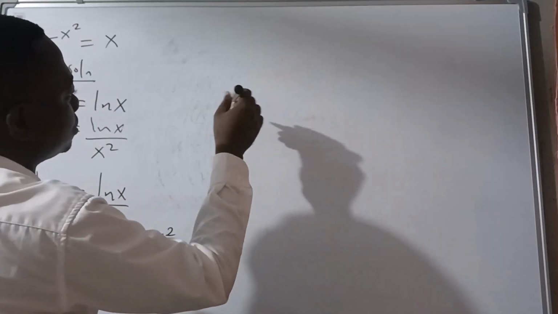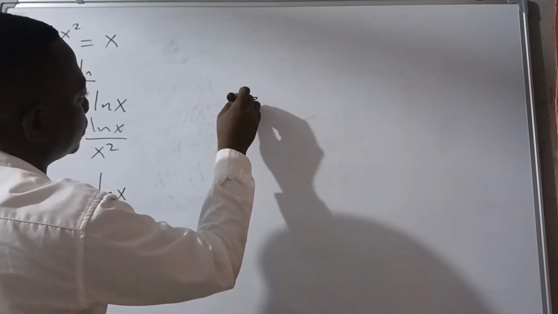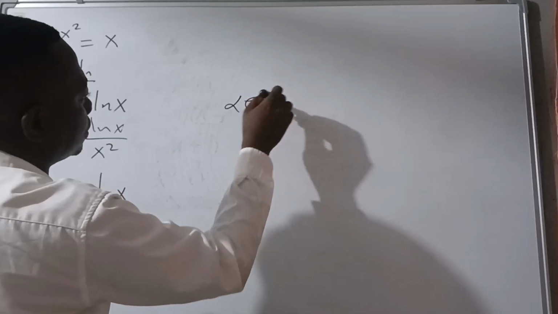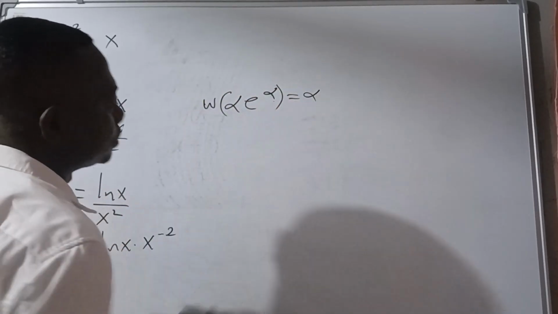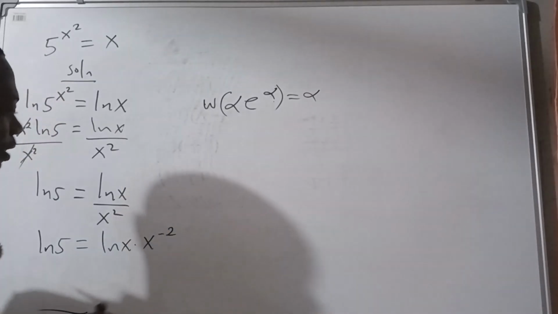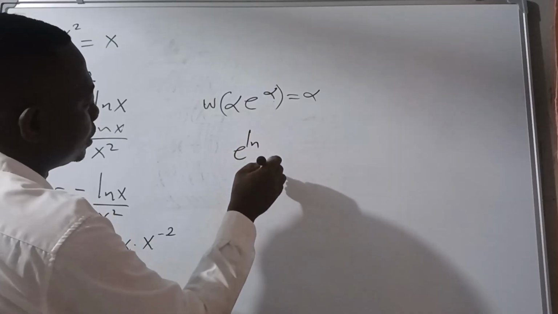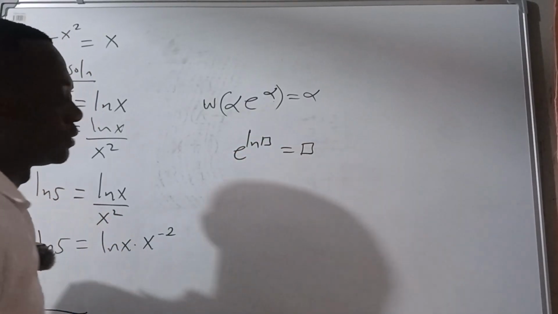The Lambert W function: when we have alpha times e raised to alpha and take the W function, the answer will be alpha. Also, when we have e raised to ln of something, the answer is that something.